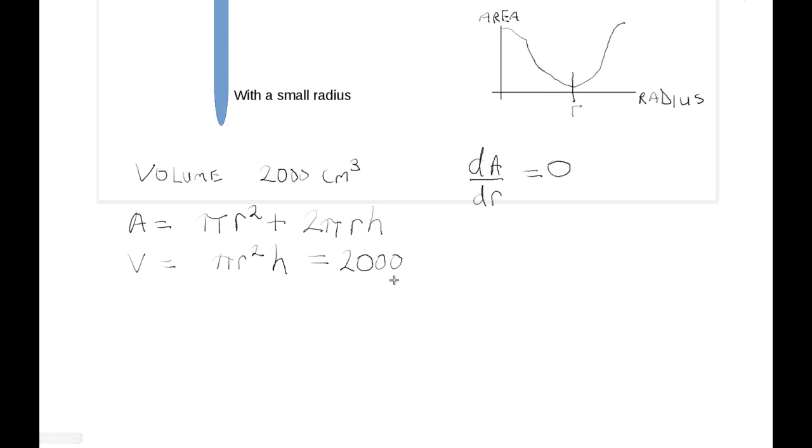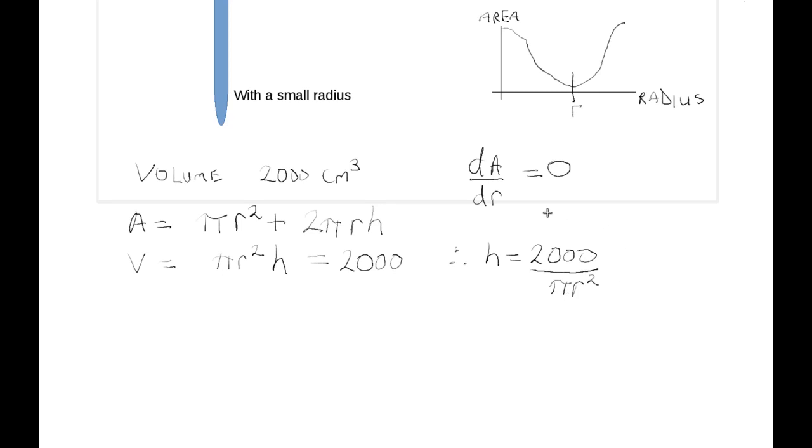Let me show you what I mean. Okay, so if I rearrange this, therefore h equals 2000 divided by pi r squared. Hope you can see what I've done there, a bit of simple transposing.